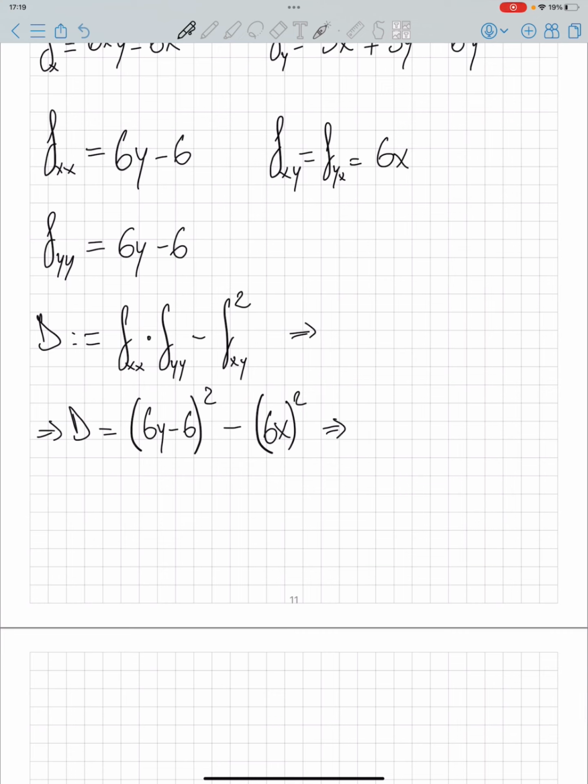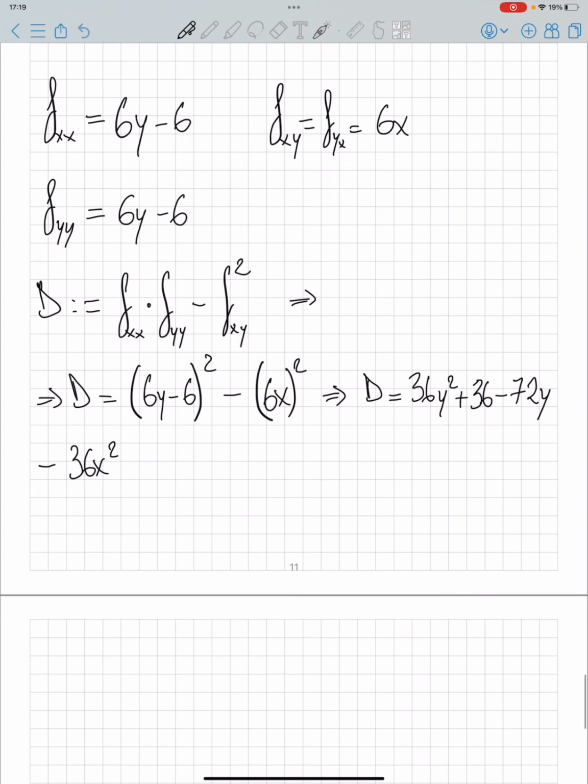This implies that d is equal to 36y squared plus 36 minus 72y, and then minus 6x squared is going to be 36x squared, right? So we have our d.